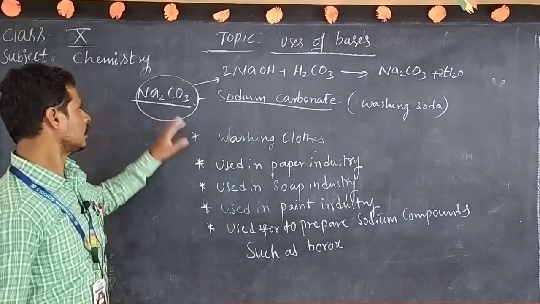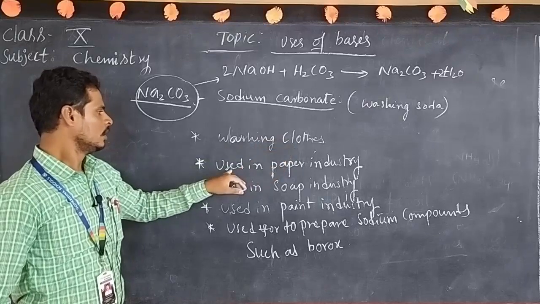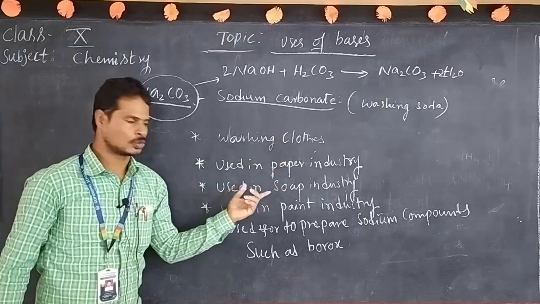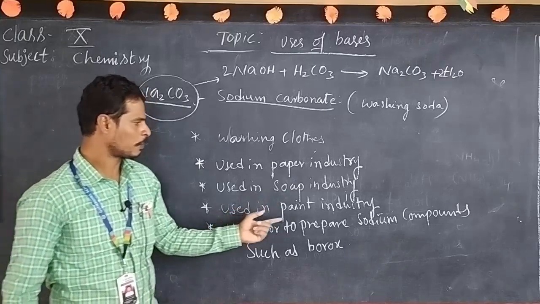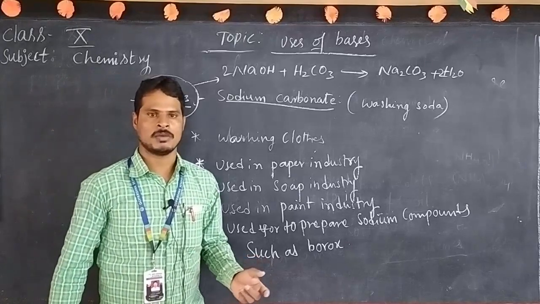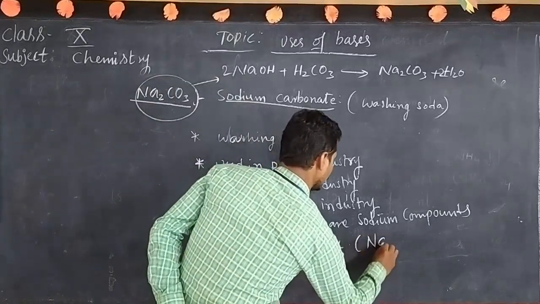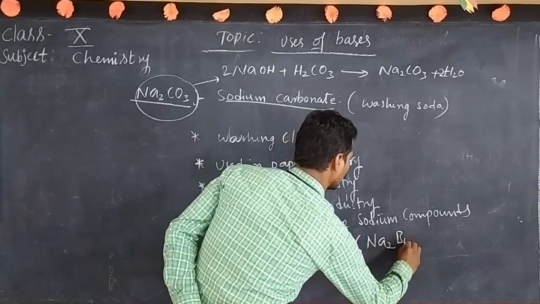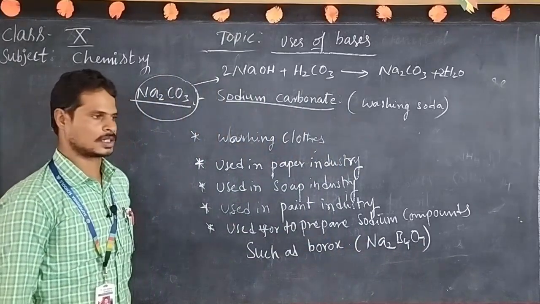So these are all uses of washing soda. What is the formula of borax? Na2B4O7. This is the formula of borax.